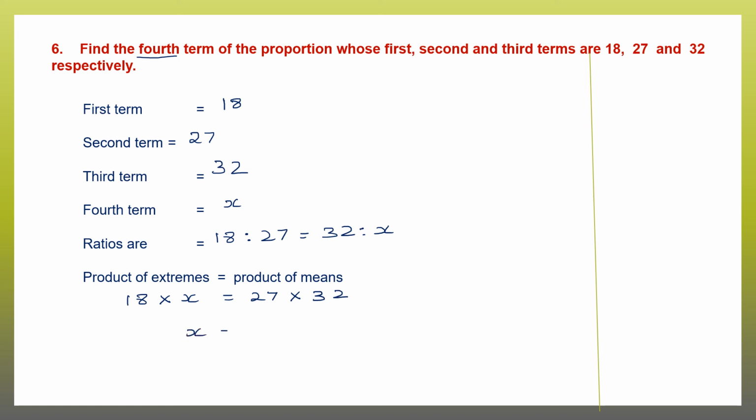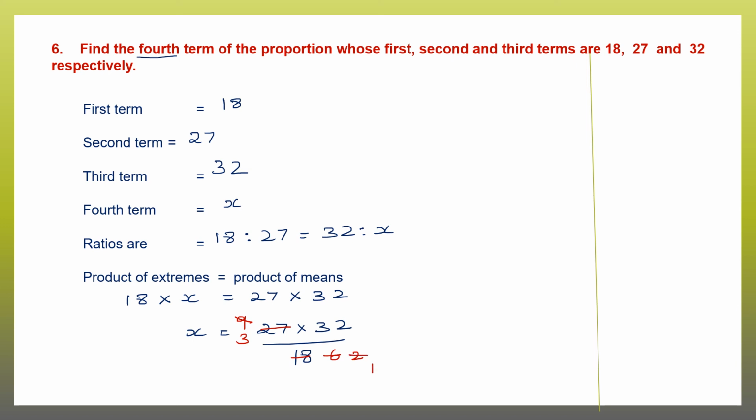Now let's find x. 27 into 32 divided by 18. Now we can cancel 18 and 27. We can cancel it by 3. So let's do that first. 3 6s are 18 and 3 9s are 27. We can cancel 6 and 9 again by 3. 3 2s are 6, 3 3s are 9. Now I still can cancel 2 and 32. 2 into 16 is 32.